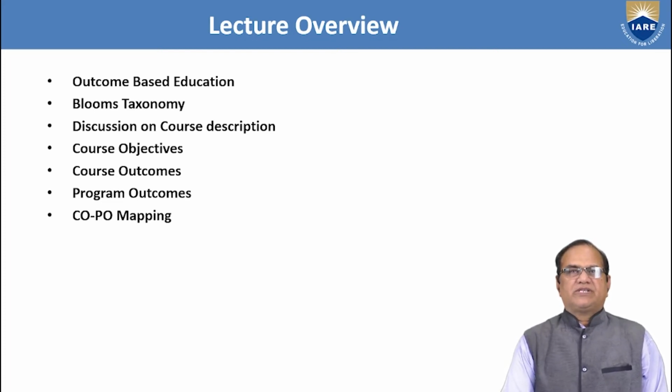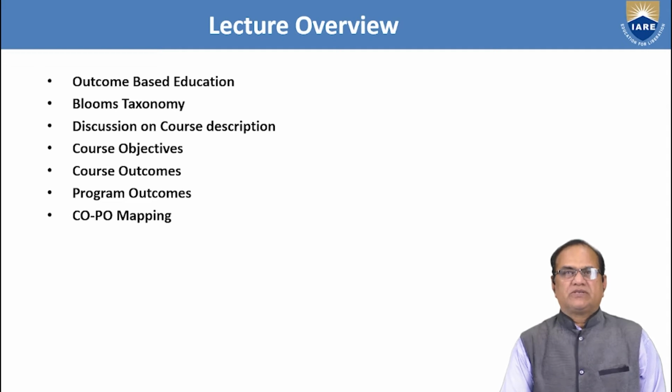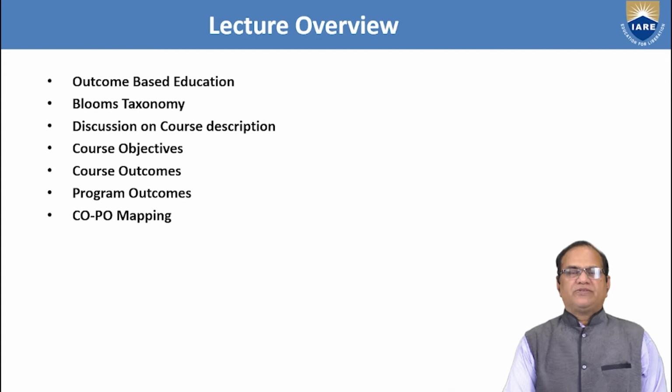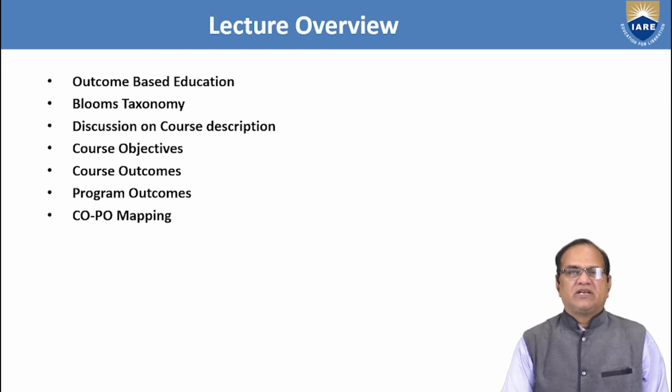Then going to discuss about course description of aircraft systems, course objective of this course, that is aircraft systems, course outcomes of aircraft systems course, program outcomes, and how these course outcomes, program outcomes are mapped so that we can get how much percentage of attainment we are going to achieve.